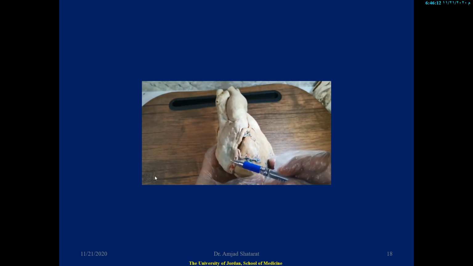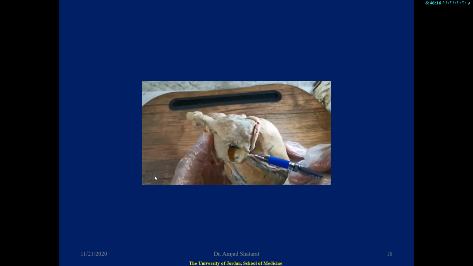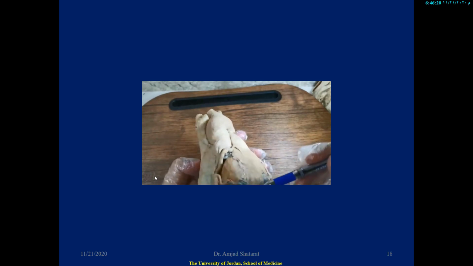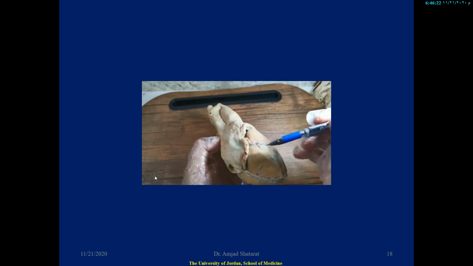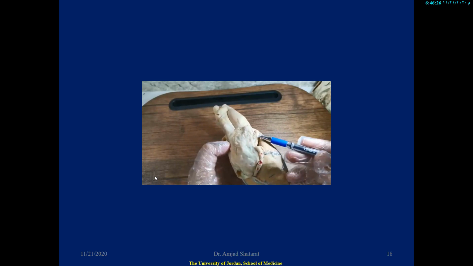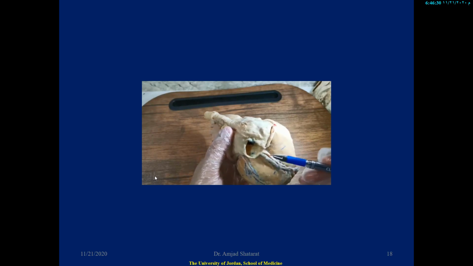It goes downward, inferiorly. As you can see, this is the right ventricle here, and this is the right atrium. The sulcus separates them externally, then it goes down to the inferior surface. This is the diaphragmatic surface.